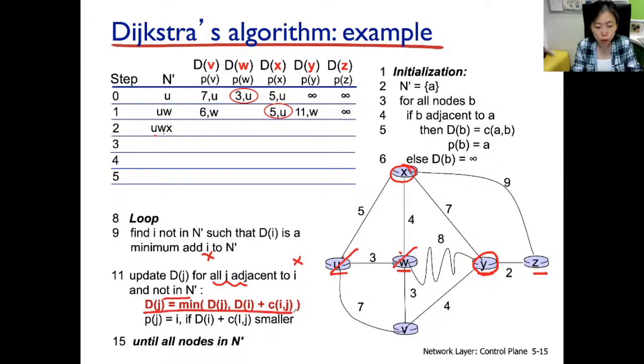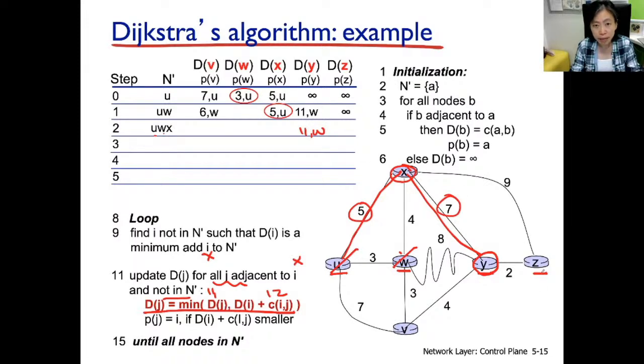The way to do it is to follow the formula. What is dy now? The current cost, 11. What is the newly discovered path cost? One can go to X and then use X as a hopping platform to reach Y. The total cost is 5 plus 7, that is 12. This time, the new path is not better than the existing path. So we keep 11W here.